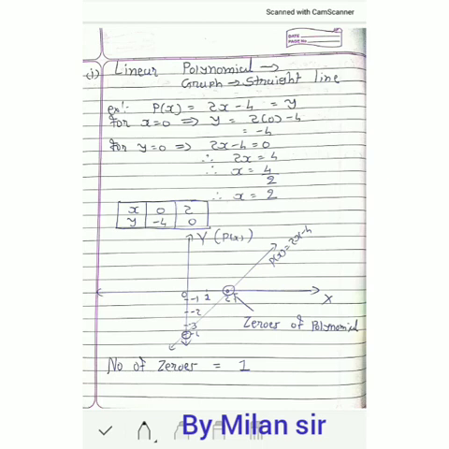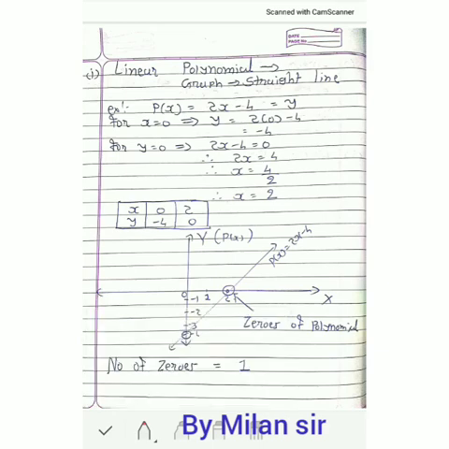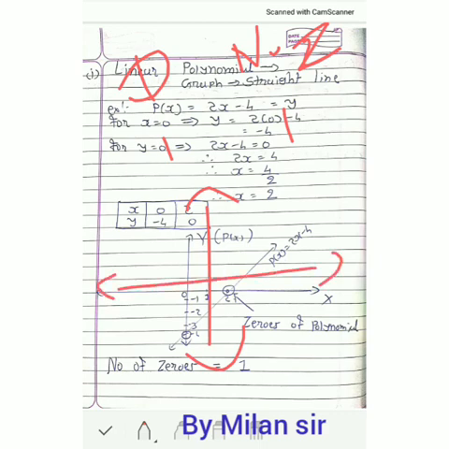So at that time we again recall it. Now at the time of explanation of degree, I explained one more thing to you: for a linear polynomial, means degree 1, the number of zeros is 1. It cannot be 0. Why? When the number of zeros is equal to 0, it means that your straight line does not touch the x-axis.